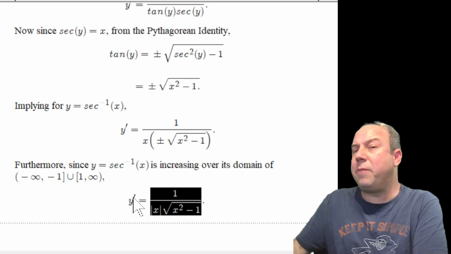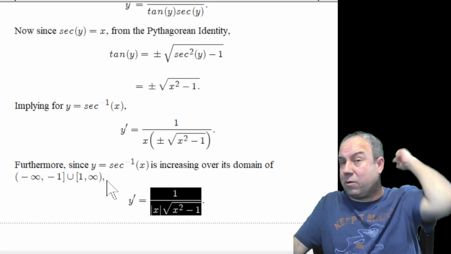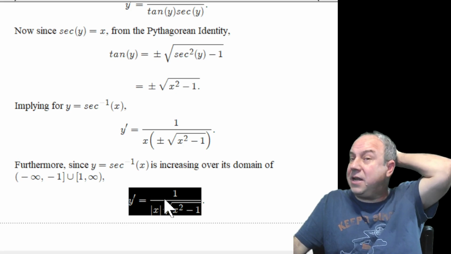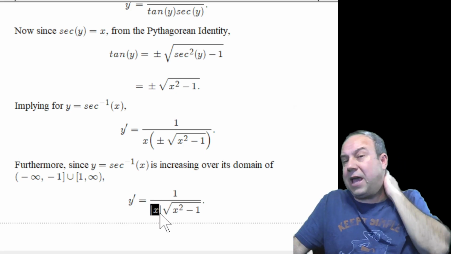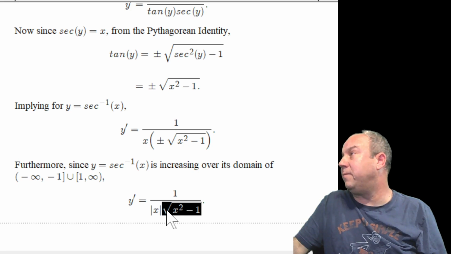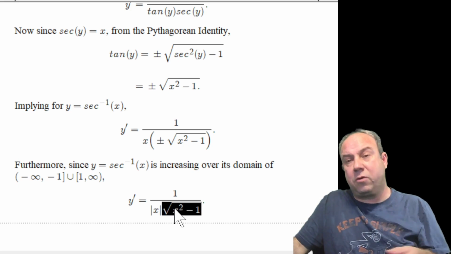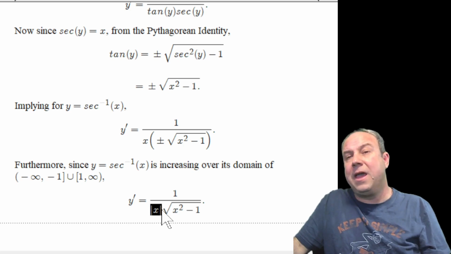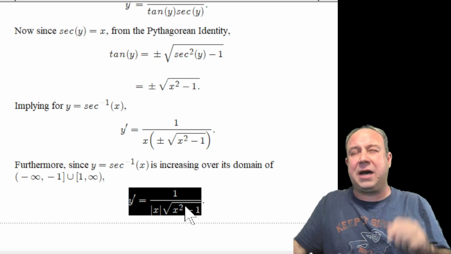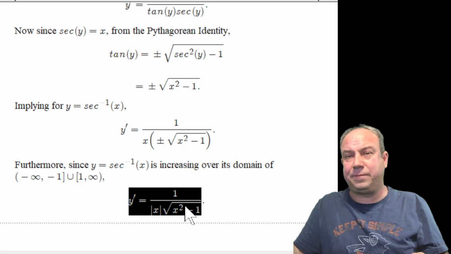Right? Y prime is going to have to be greater than 0, implying y prime then has to be stated as 1 over the absolute value of x times just the square root of x squared minus 1. We know the result for a square root will always be positive, and we know the absolute value will always be positive, and this will always cause a positive result for y prime.